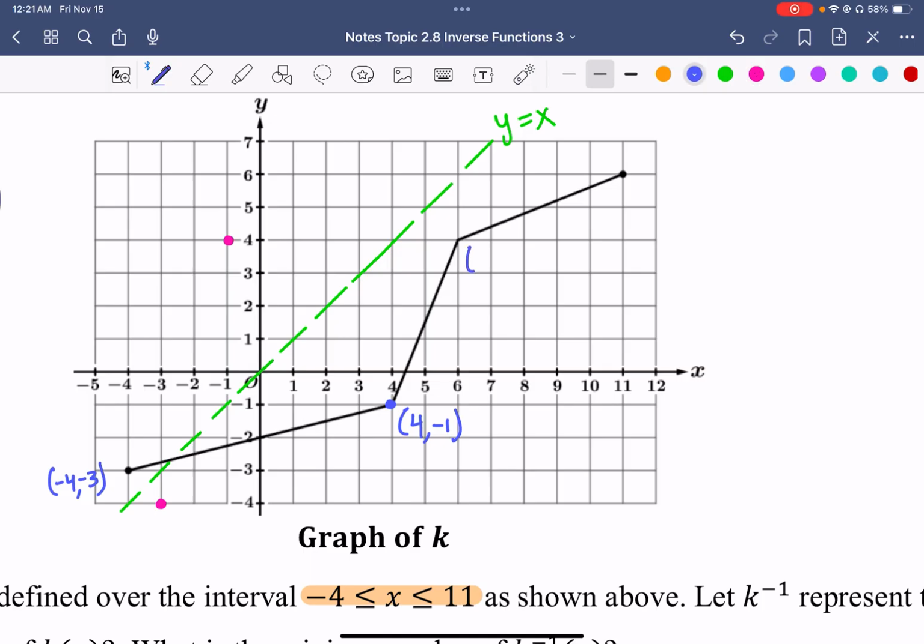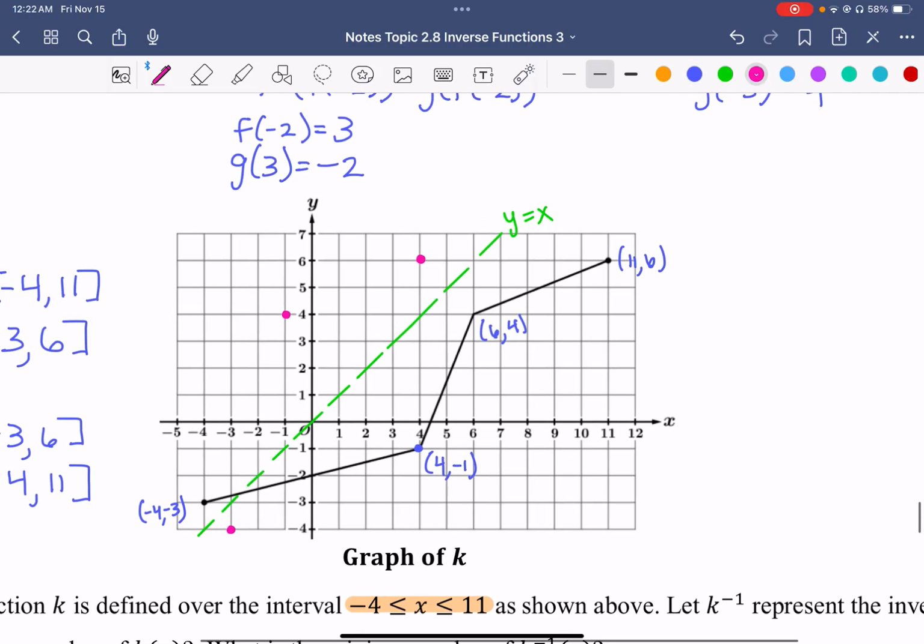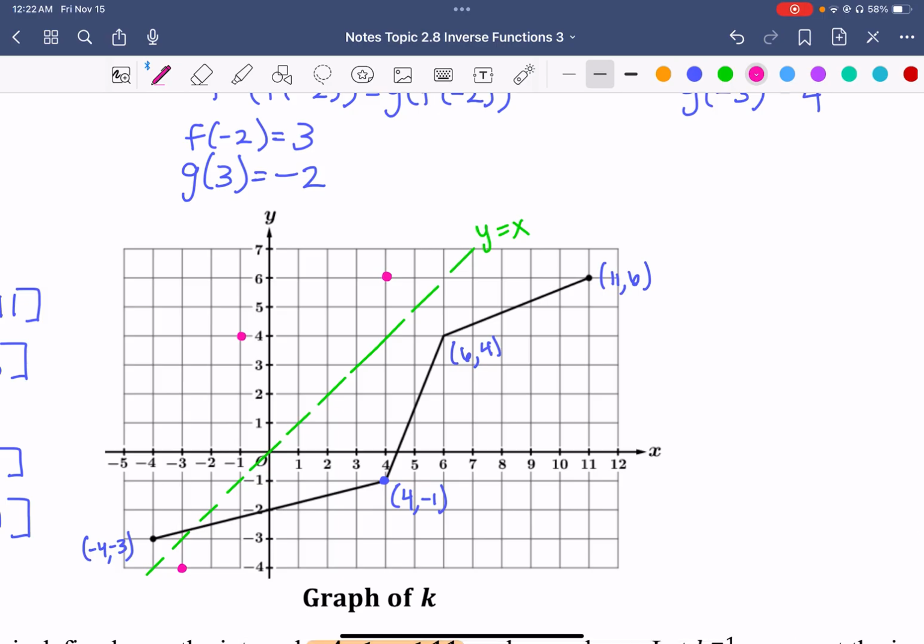Then we have here 6, 4, which will become 4, 6. And finally, we have 11, 6, which will become 6, 11. So that one kind of goes off the grid, but it'll be somewhere up there.